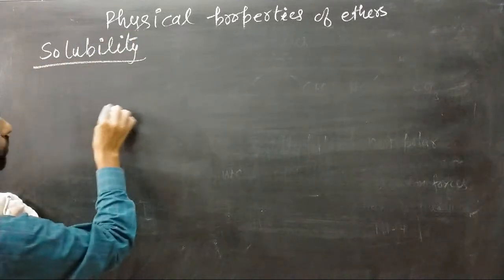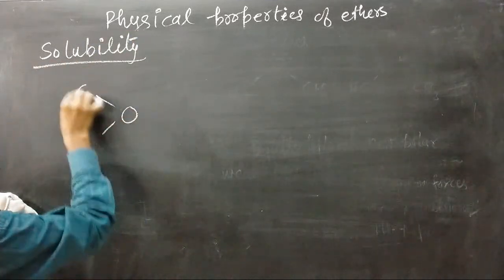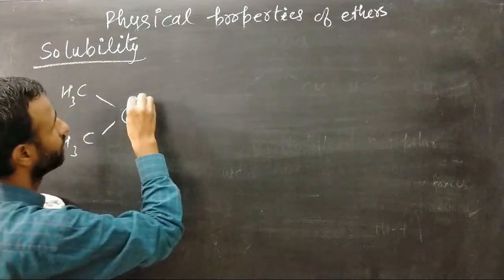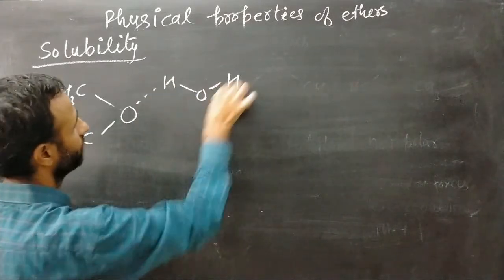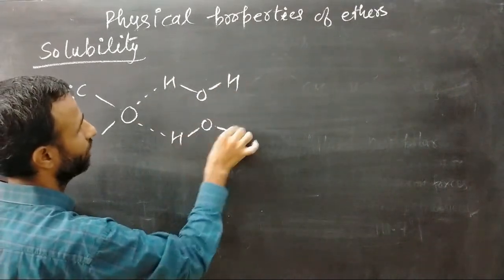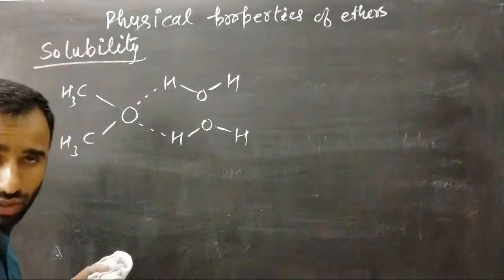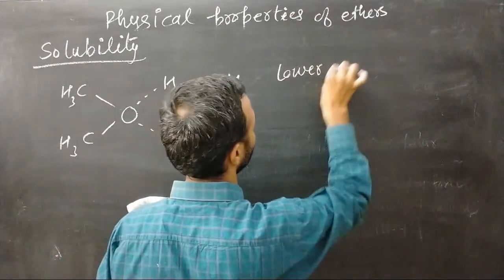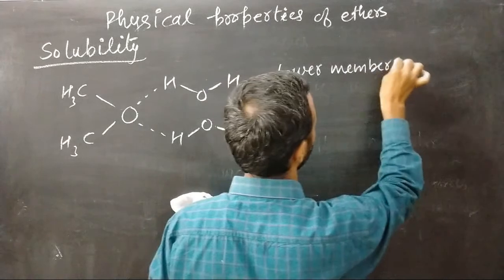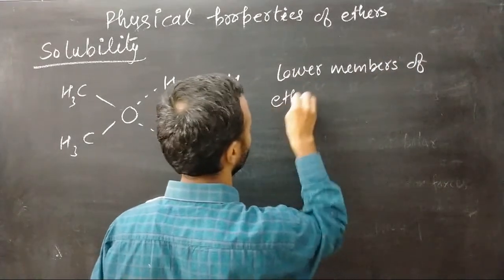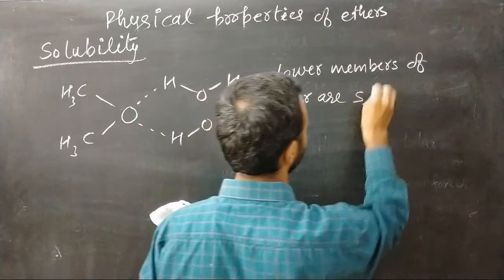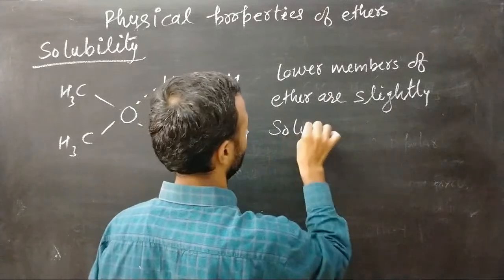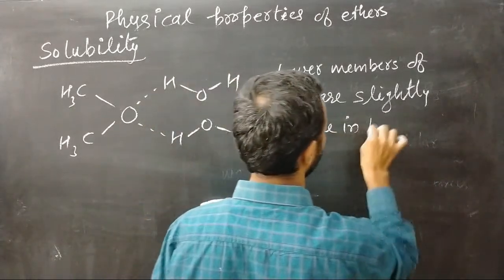So, due to the presence of lone pair, lower members of ether are slightly soluble in water due to the formation of hydrogen bonding with water.